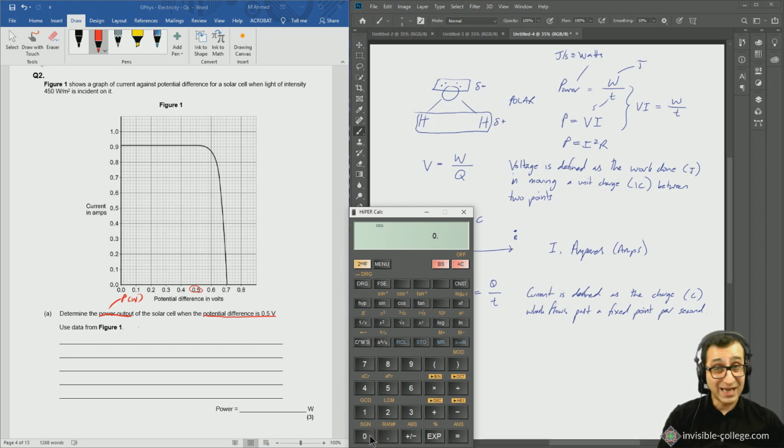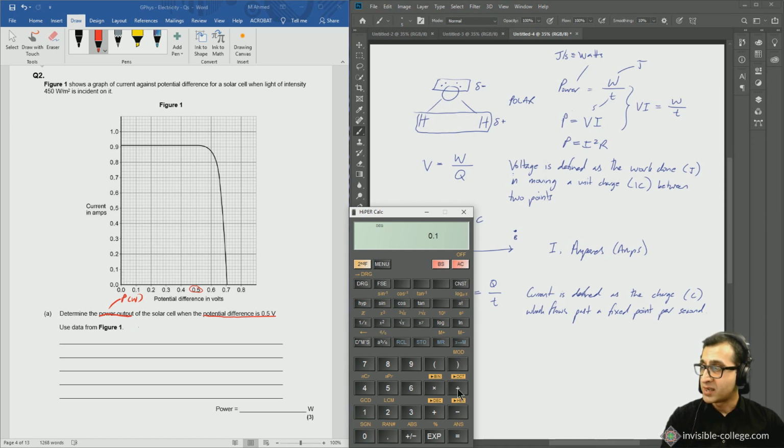So again, I'm belaboring the point here, but I really want to physically show you what you should be doing in an exam. If you're not comfortable with the question, you can still work it out. In order to read what this value is, it's kind of halfway across one of these small squares above the 0.9 amp level. So we need to know what each one of these small squares is actually worth. So we do this. 0.1 is 5 small squares.